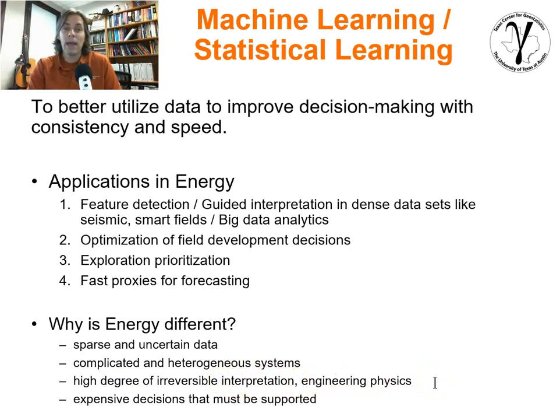And so just getting back on that interpretation again, we know the physics and the science behind a lot of things we're dealing with. There's high uncertainty in sparse sampling, sure. But we know that, and so we have that additional information I think we must always incorporate. And we have very expensive decisions that must be supported.